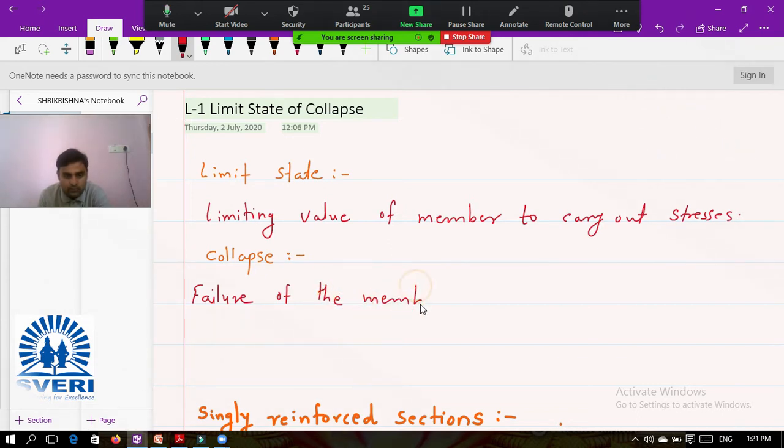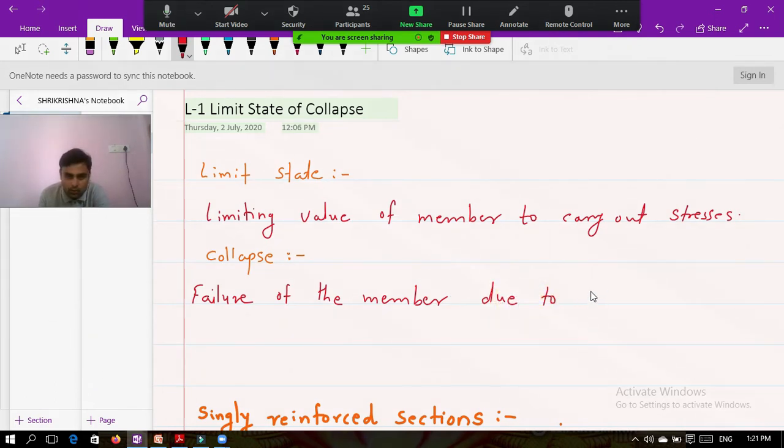It is the failure of the member due to excessive stress, or you can also say load. The failure of the member due to excessive stress or load is nothing but collapse.